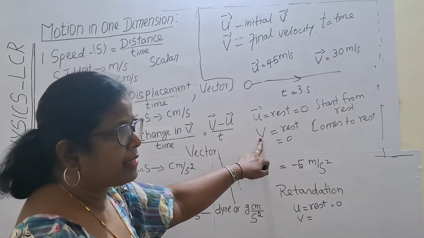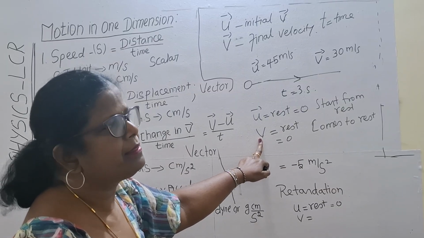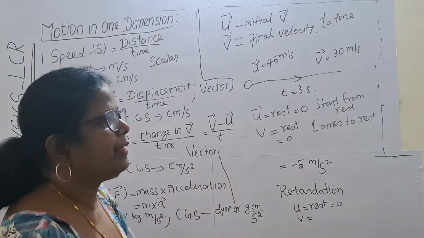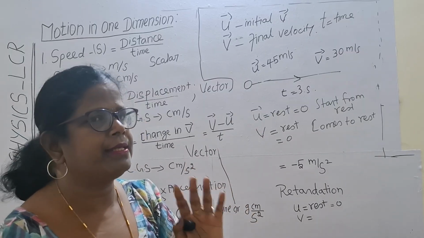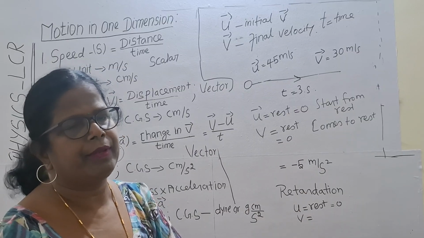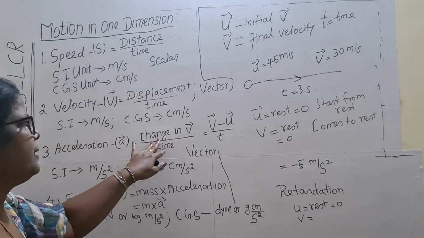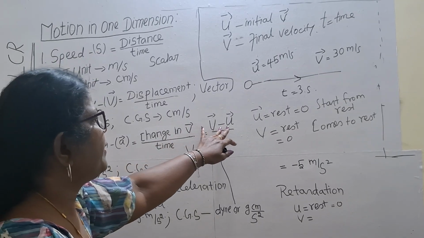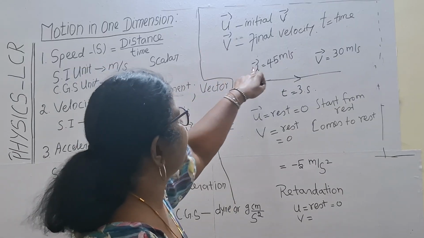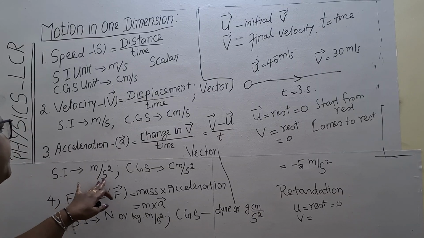When it comes to rest, it is decreasing the speed, decreasing the velocity, so it will become a negative value. So in two cases, accelerated body and retardation, the value is negative. Okay, so this is about acceleration: change in velocity, V minus U by T, final velocity minus initial velocity. What is the SI unit of acceleration? Meter per second square.